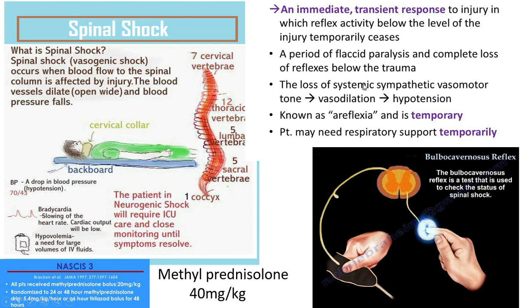And this is the loss of systemic sympathetic vasomotor tone, and it can cause vasodilation and hypotension. This is the explanation of this hypotension. It can cause areflexia, so you cannot test any nerve then. But it is temporary and will subside within 24 to 48 hours maximum.